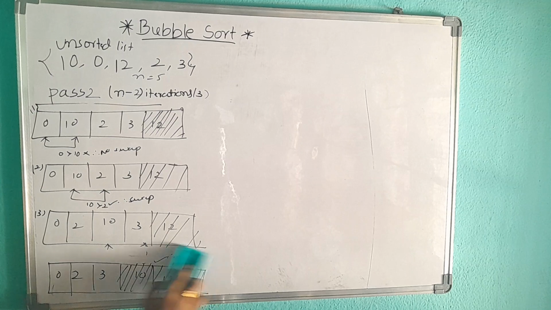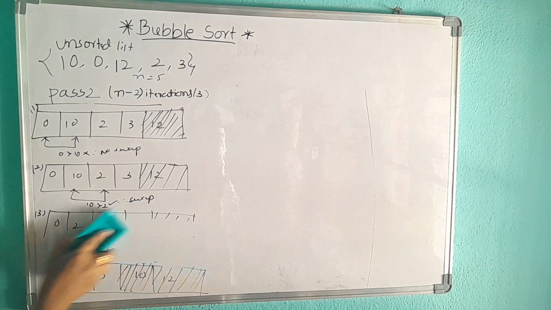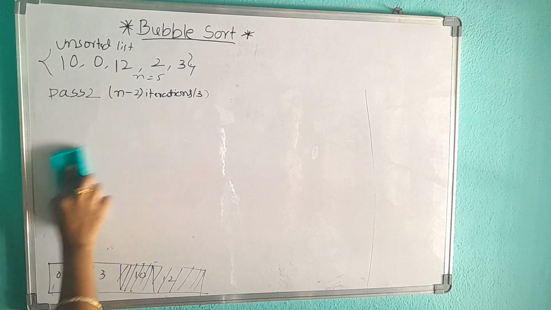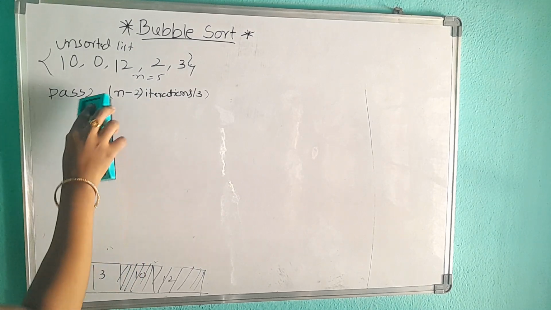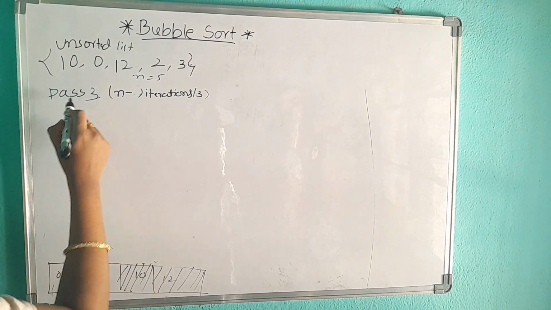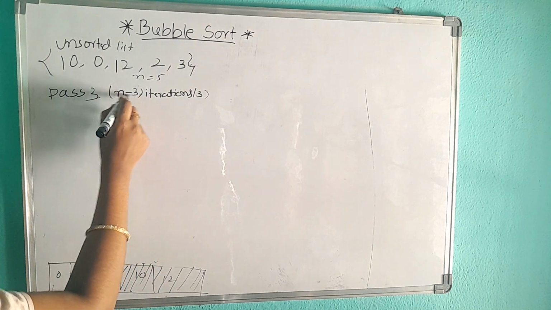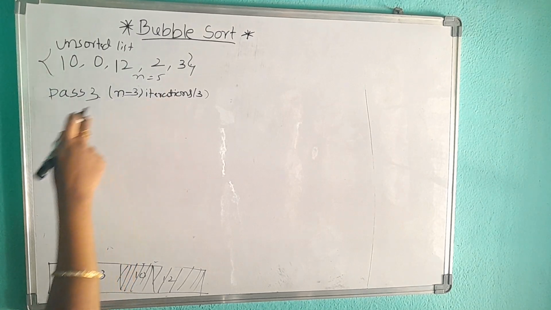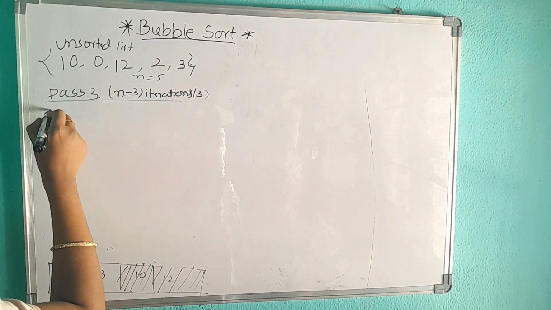Now the third pass. In pass 3, the number of iterations will be n minus 3. Here n is equal to 5. 5 minus 3 means we have 2 iterations.